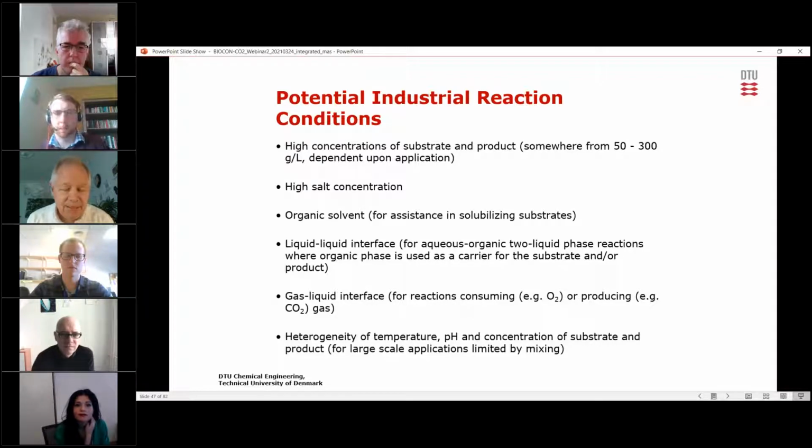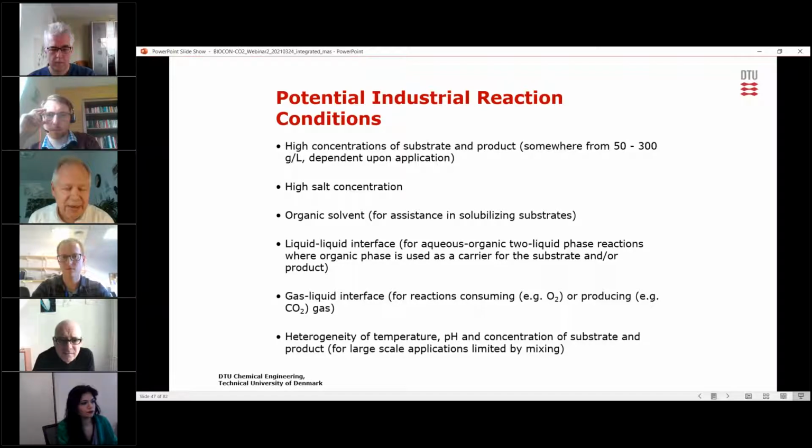And I mean by high concentration, somewhere between 50 up to even 300 grams per liter. It depends on the application, it depends on the prices and the economy, but it gives an idea of the type of concentrations of substrates and products we talk about. Bearing in mind they can also affect, of course, the stability of an enzyme or a cell as well.